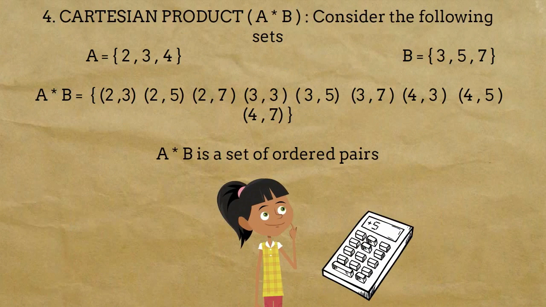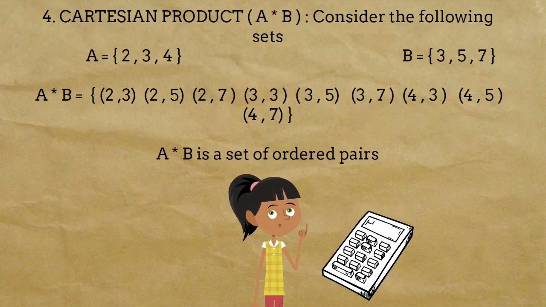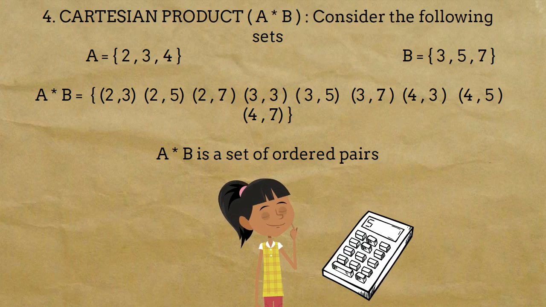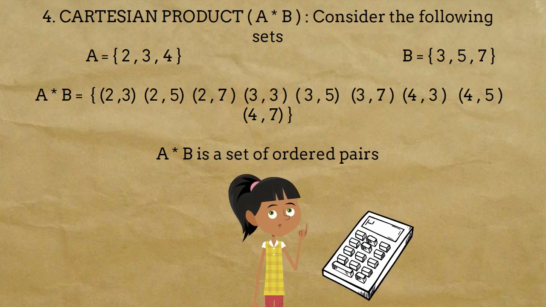The last operation is called the Cartesian product, which is also written as A × B. Consider the following sets. A has elements 2, 3 and 4 and set B has elements 3, 5 and 7. Now, A × B will be a set of ordered pairs.